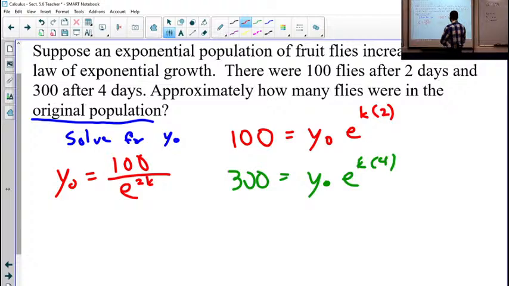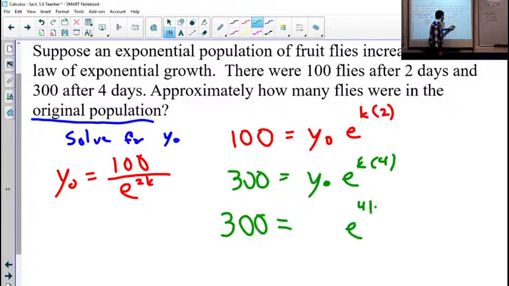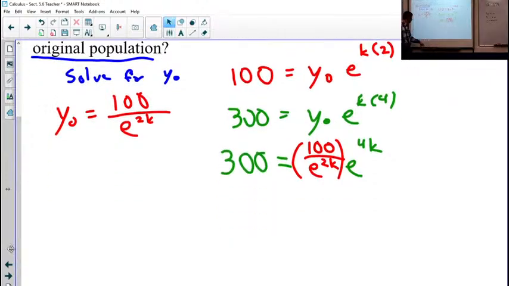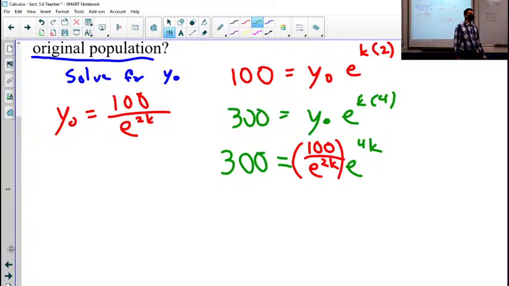All right. So that means, in this equation, instead of y naught, I can write 100 over e to the 2k. And this is not going to be as messy as it looks, because e to the 4k over e to the 2k is going to be e to the 2k.